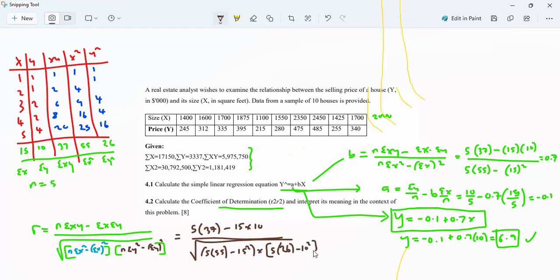So if you compute this very well, R is going to be 0.903.